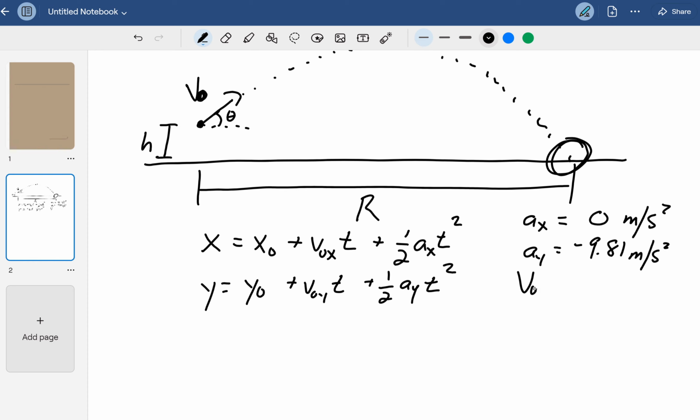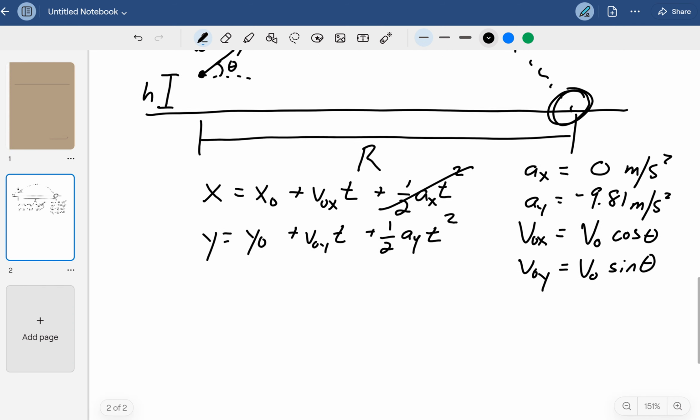So we can write down the initial velocity in the x: it's just the initial velocity times the cosine of angle theta. And the initial velocity in the y is just the initial velocity times the sine of theta, like we discussed in class. Since ax is 0, that term is gone, and we essentially have those two terms over here.